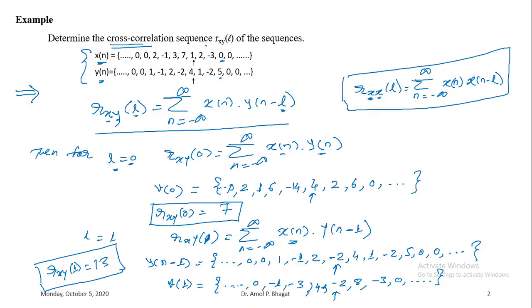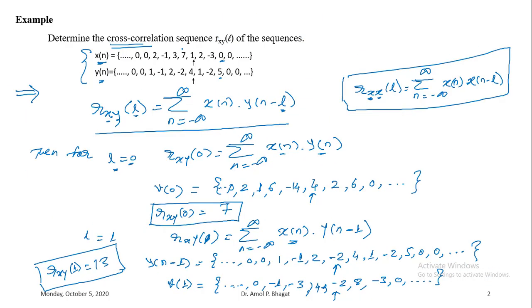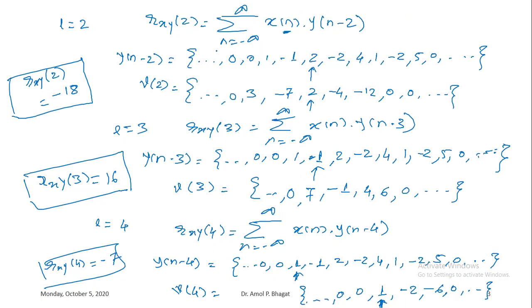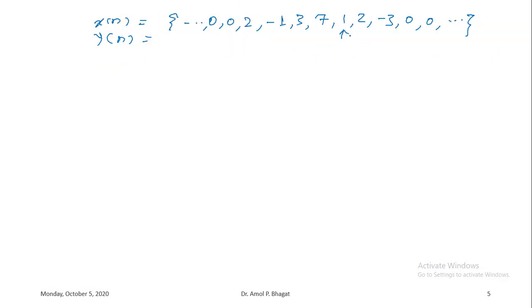So x of n is 0 0 2 minus 1 3 7 1 2 minus 3 0 0 and so on, and origin is at 1, okay.